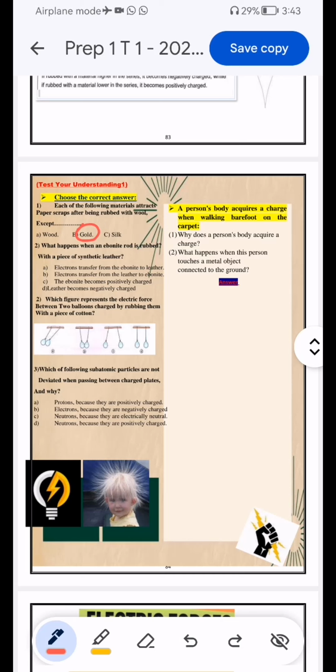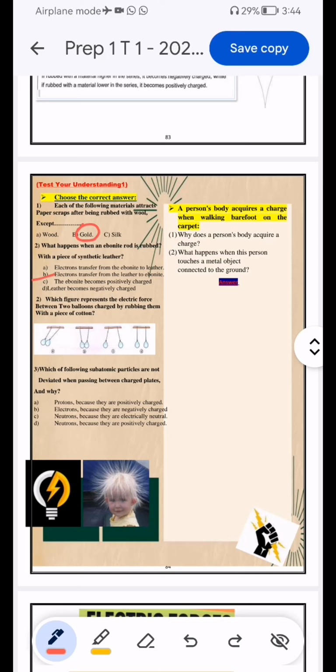Number two, what happens when an ebonite rod is rubbed with a piece of thin leather? We said in the electrostatic series the leather is higher than ebonite, so the leather will lose electrons and become positive, but ebonite will gain these electrons and become negative. That means electrons transfer from what? Leather to ebonite. So we will choose B.